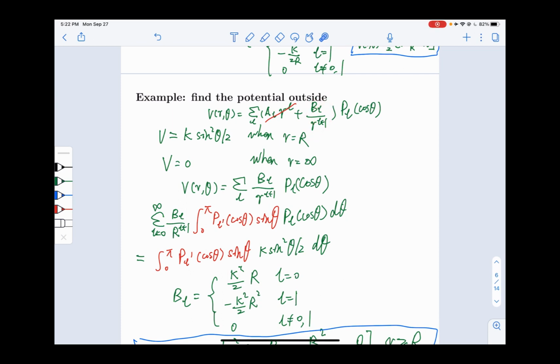Once you determine the region of interest, you will choose either one of them. And the later step is simply identical. We all need to plug in the boundary condition at r equals capital R, and this boundary condition will fix either the AL or the BL.